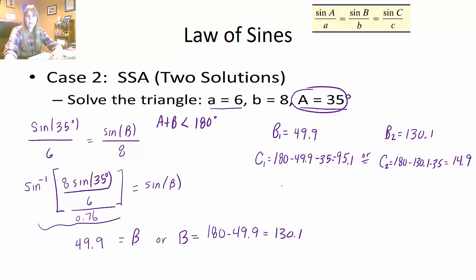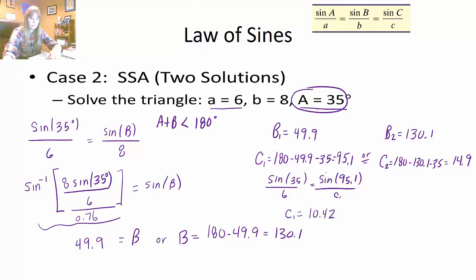So far it looks like both of these angles actually are working. So let's see what's going on. I'm going to take the sine of A over a and set it equal to the sine of C over little c. Let's call that little c1. I can solve and I get 10.42 for that side.